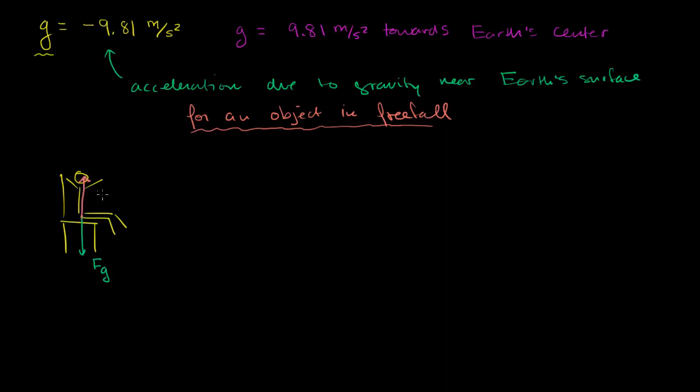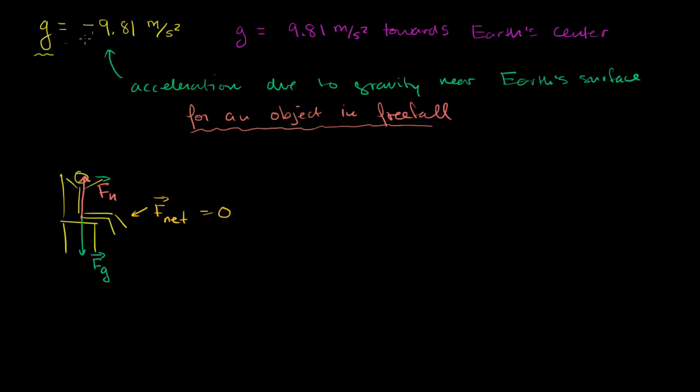And so this is the normal force, and I'll make them both as vectors. So the net force in my situation is equal to 0, especially in this vertical direction. And because the net force is equal to 0, I am not accelerating towards the center of the Earth. I am not in free fall.